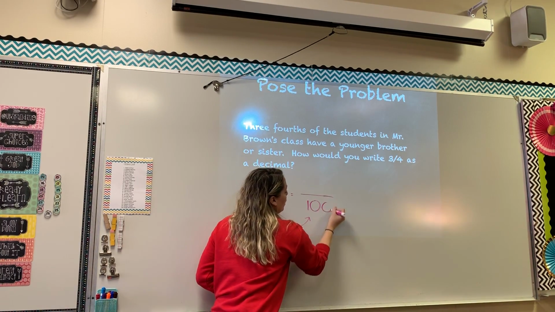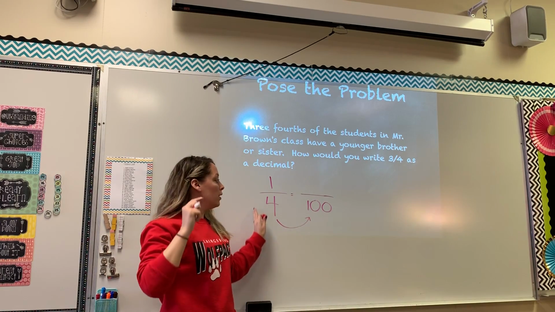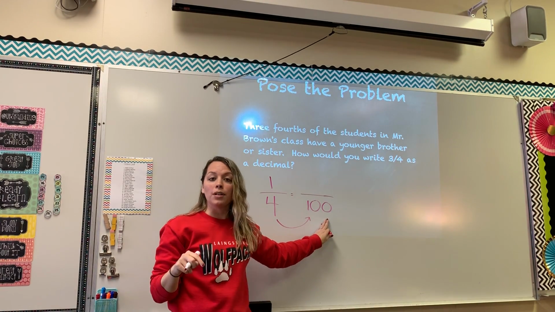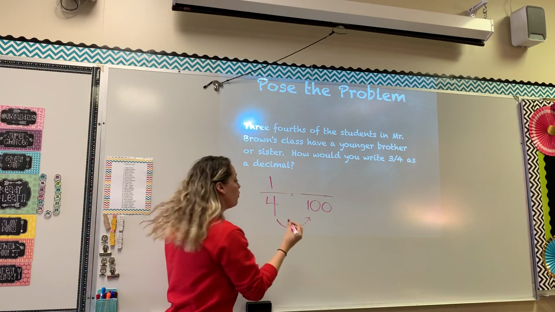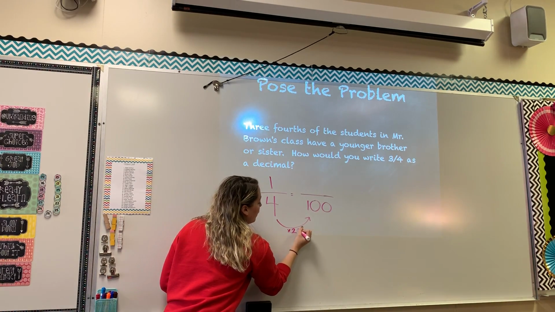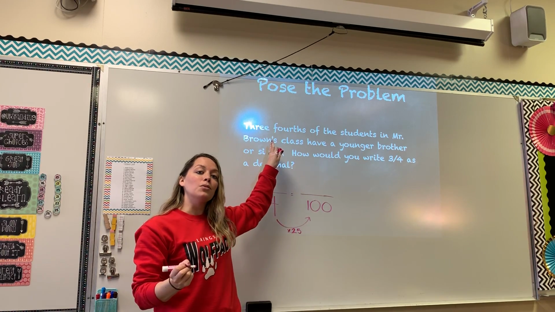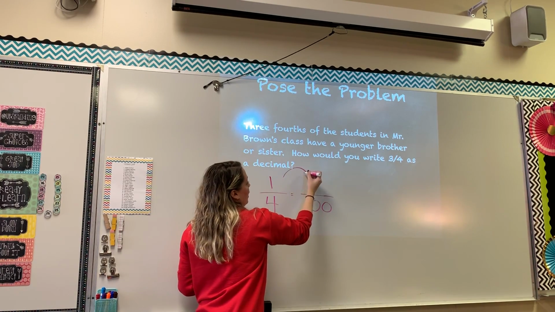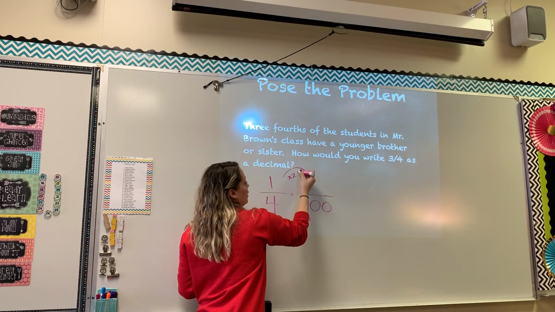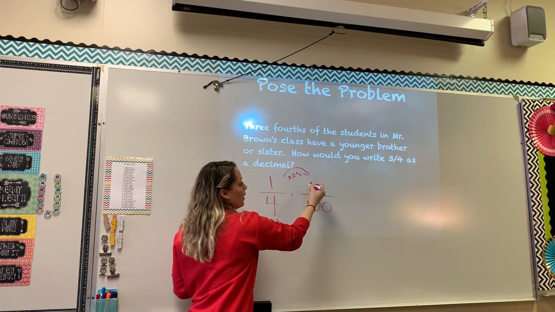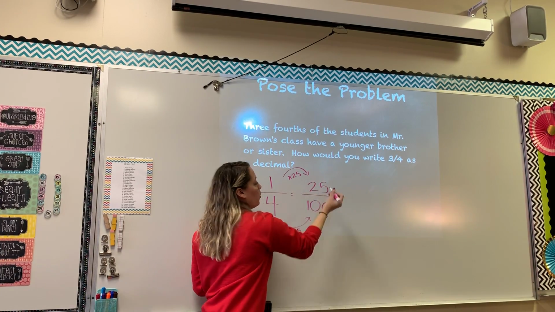So I'll change this to hundredths. Then I think, 4 times what is 100? Again, think of quarters. 4 times 25 is 100. Whatever I do to the bottom, I have to do to the top. And that's easy multiplication. 1 times 25 is 25.